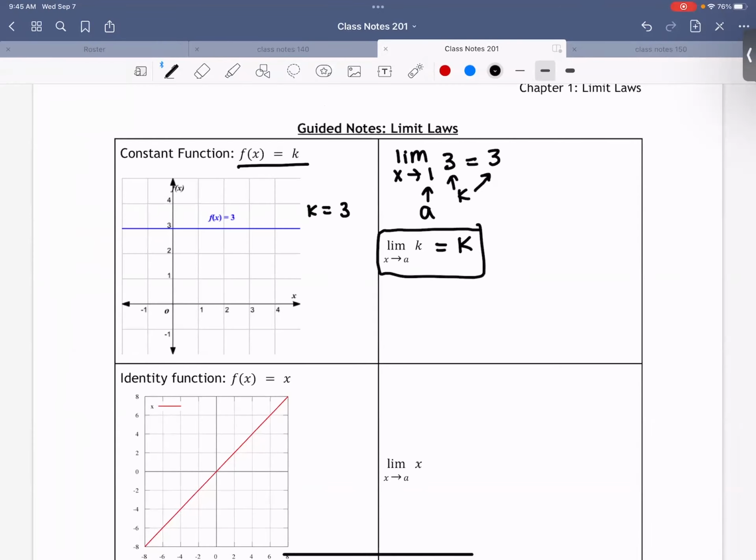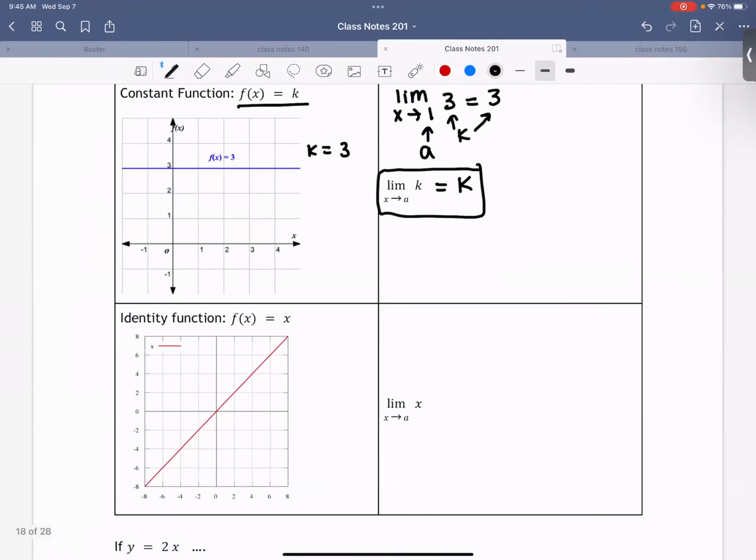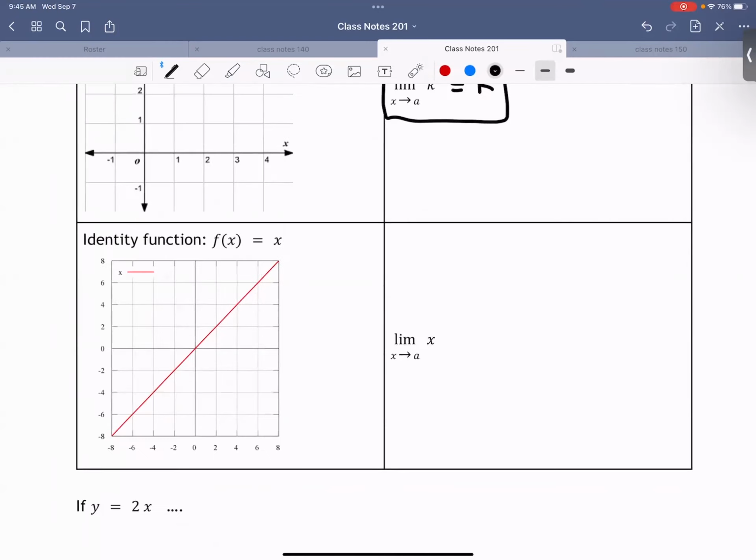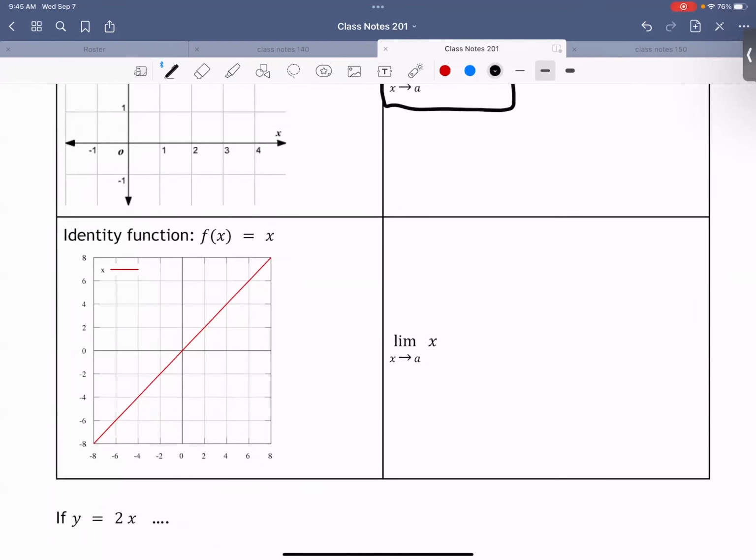Okay, let's talk about a different one. We have the identity function, the second least complicated graph. F of x equals x, the identity function. Let me do an example here. Let's do the limit as x approaches, I don't know, 5 of x. What's that limit going to be? That'd be 5, right?